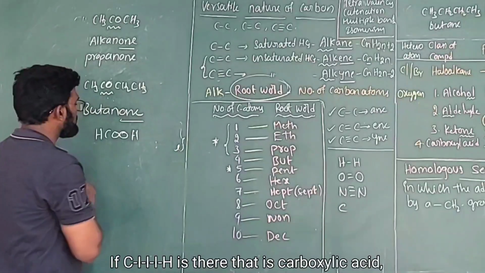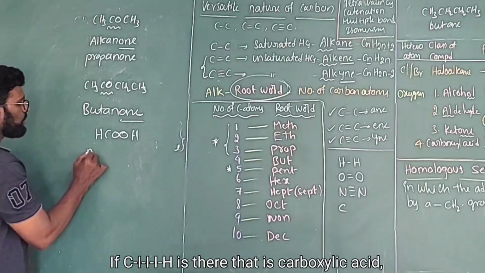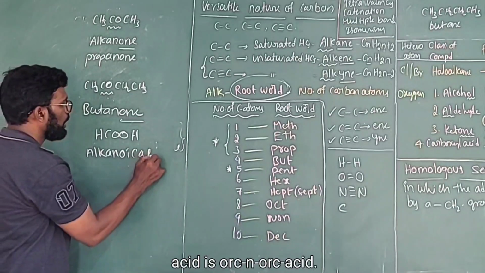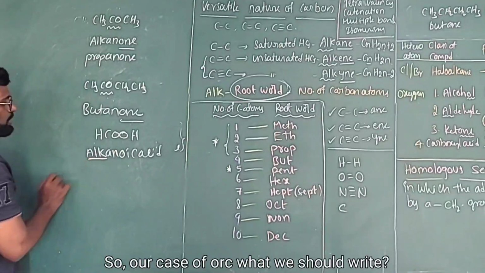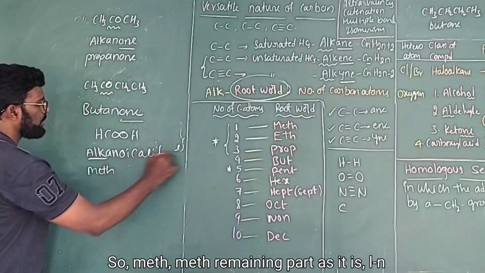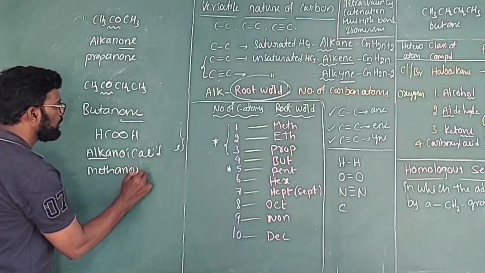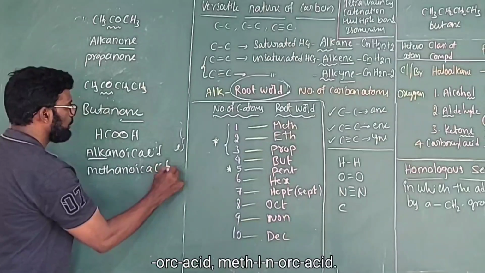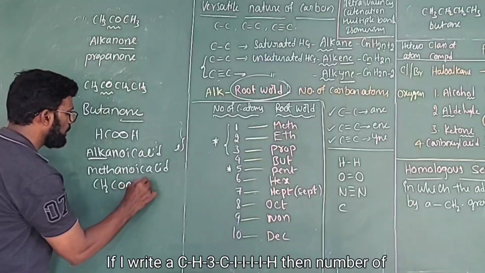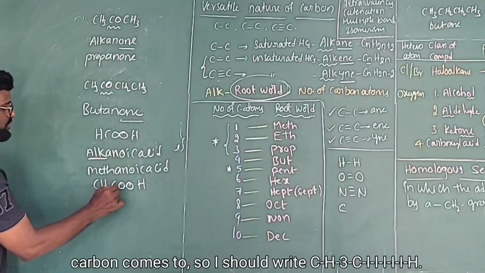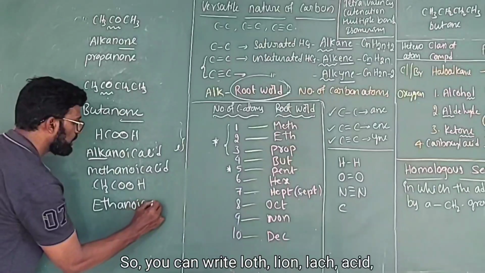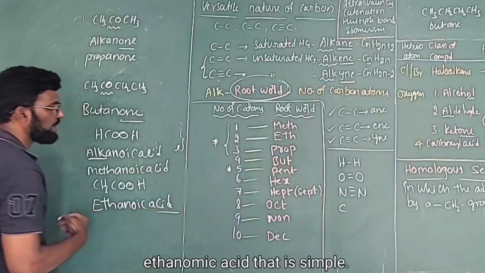That's all. Next, final and last one, carboxylic acids. HCOOH. If COOH is there, that is a carboxylic acid. Name of the carboxylic acid is alkanoic acid. So in the place of alk, what should we write? 1 carbon is there, so meth. Remaining part as it is, methanoic acid. If I write CH3COOH, then the number of carbon atoms is 2, so we should write ethanoic acid.